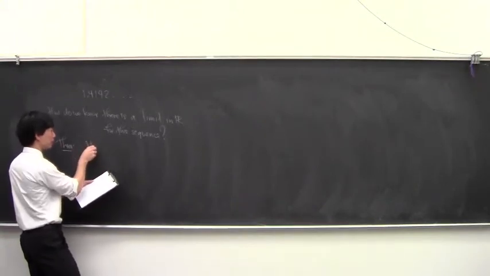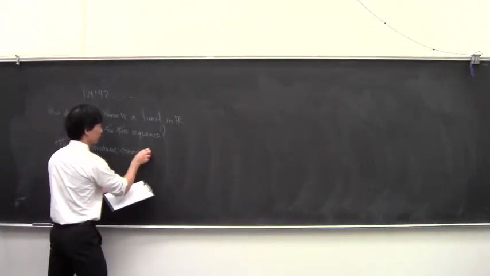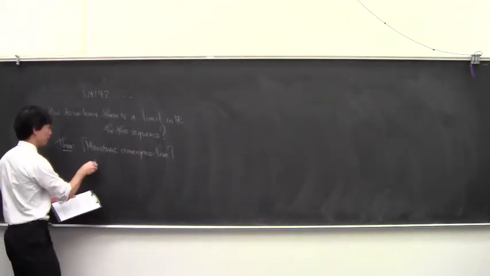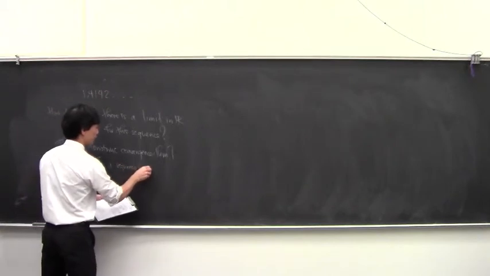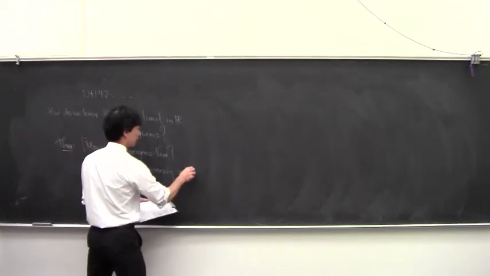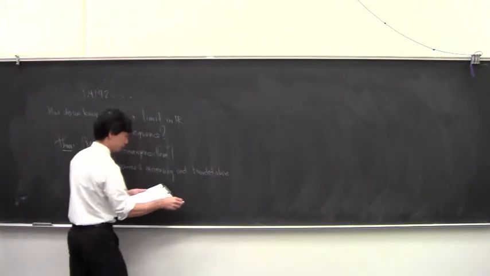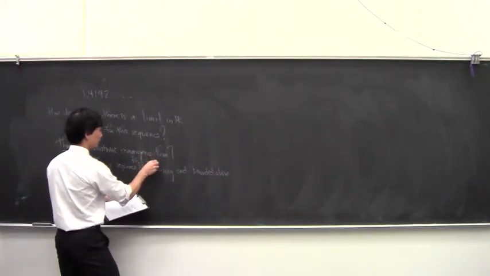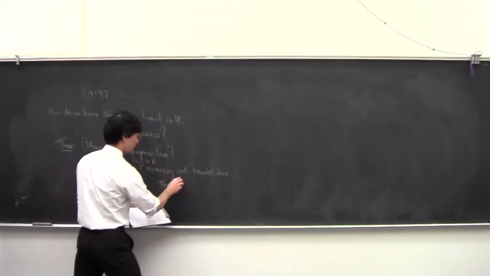Here's something called the Monotonic Convergence theorem. It basically says this: if a sequence a sub n in R is increasing and bounded above, then the limit exists.